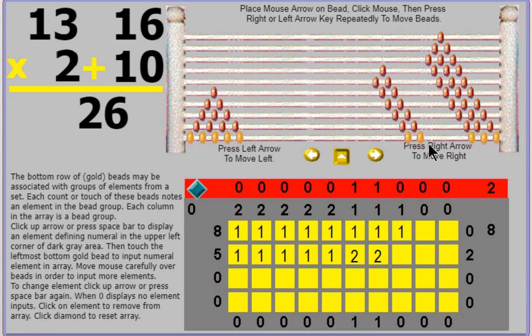So I would count these 2 beads by 8 to get the 16. And I have 2 times 5 to get my outer product, this group times this group. And I get 10. So it says my answer to 13 times 2 is equal to 16 plus 10, which is 26.